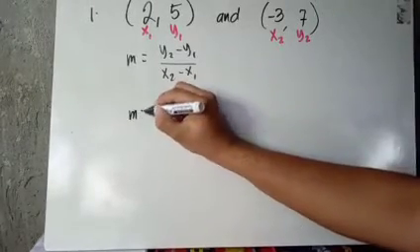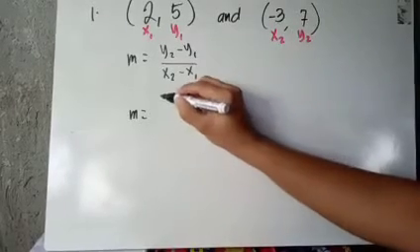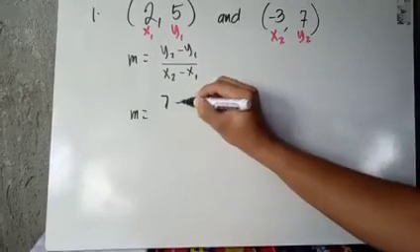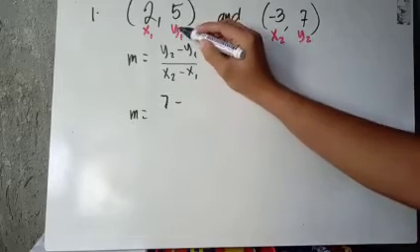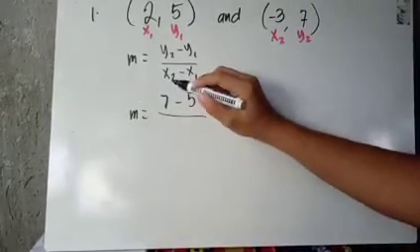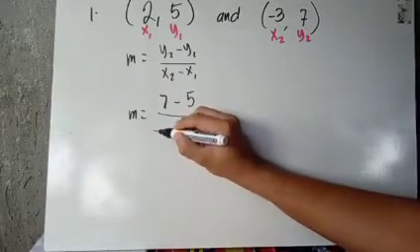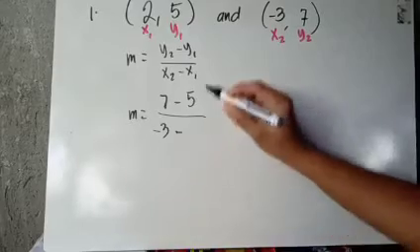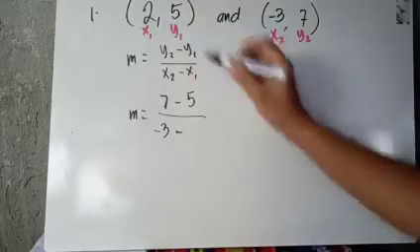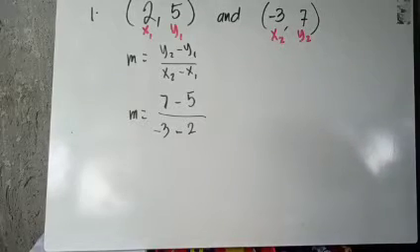So, m is equal to, ano yung y sub 2 natin? That is 7. Minus y sub 1, that is 5. And then x sub 2, that is negative 3, minus x sub 1, that is 2.